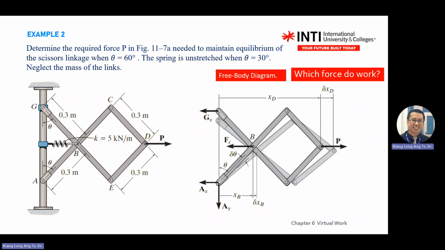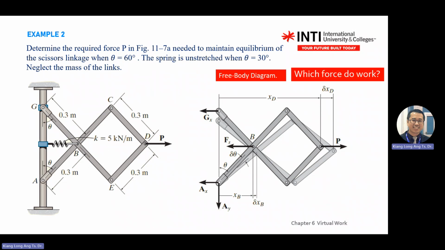Then you improve the diagram with the motion under the effect of external forces. So you know that C will go down, E will go up. So there is a change of distance traveled by P. P will move a small distance delta XD in the X direction.